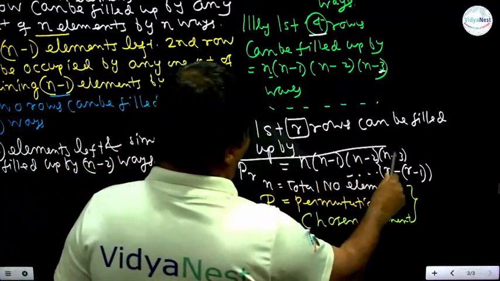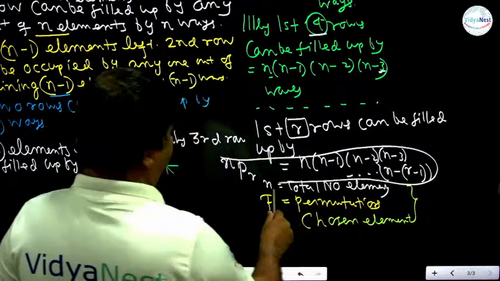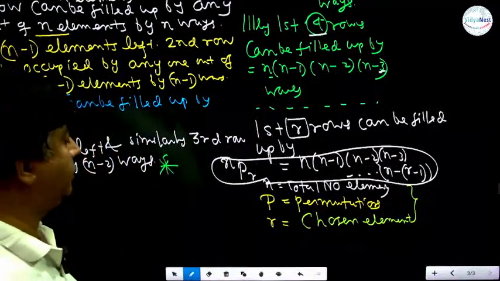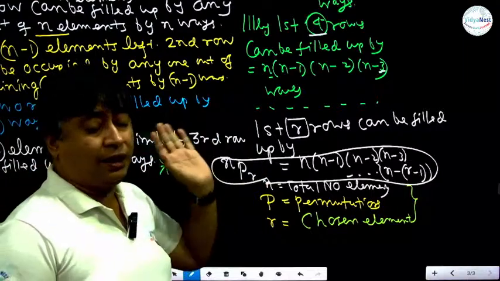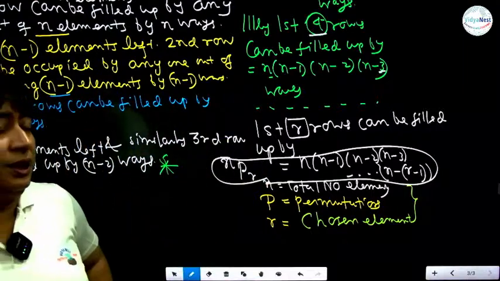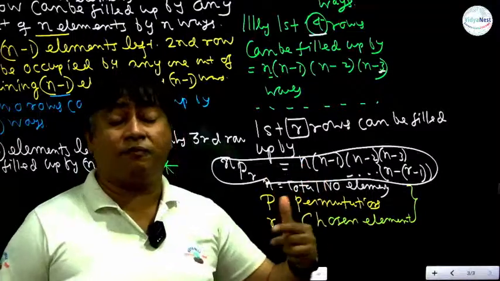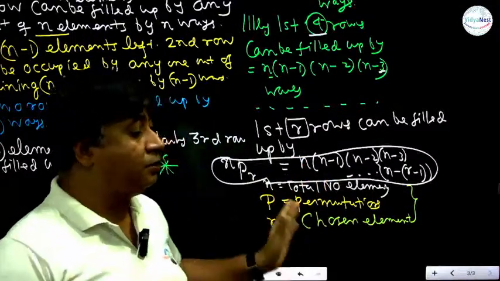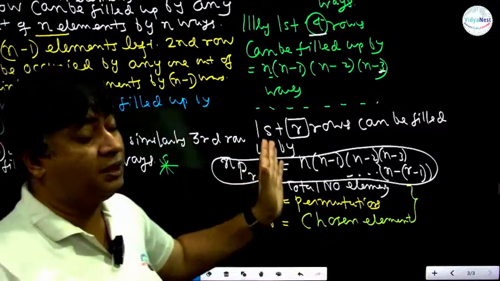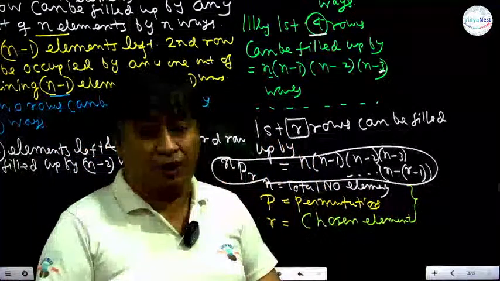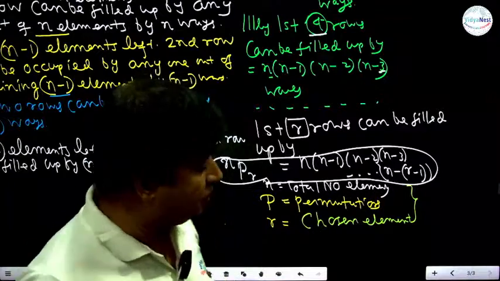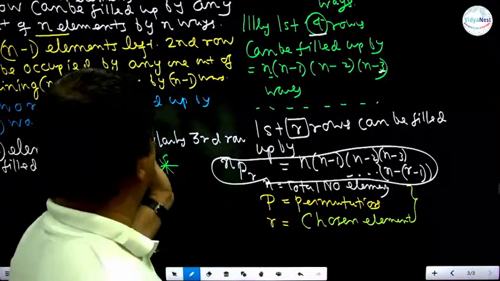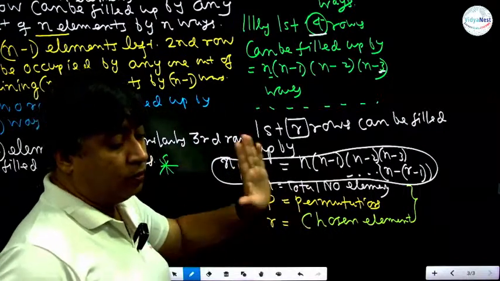But conceptually we have got the definition of permutation, and that is not the working rule. Why? Unless you are able to express the permutation in terms of factorial, it will not be considered a standard formula, a working rule. So I have to convert it into a working rule.